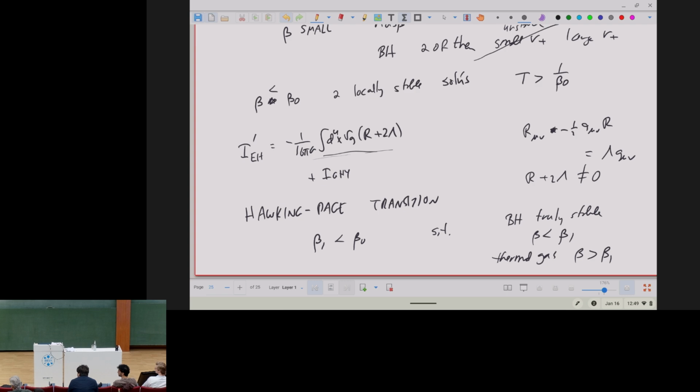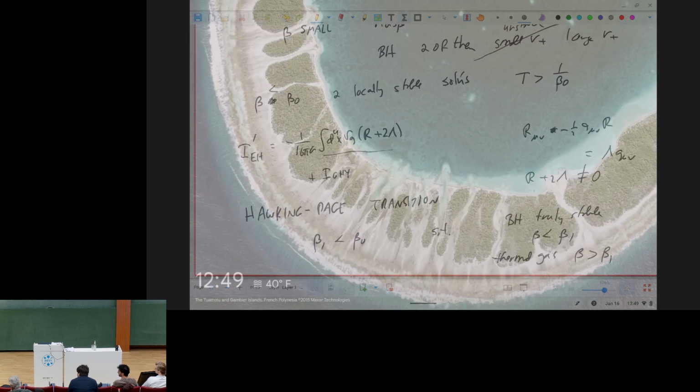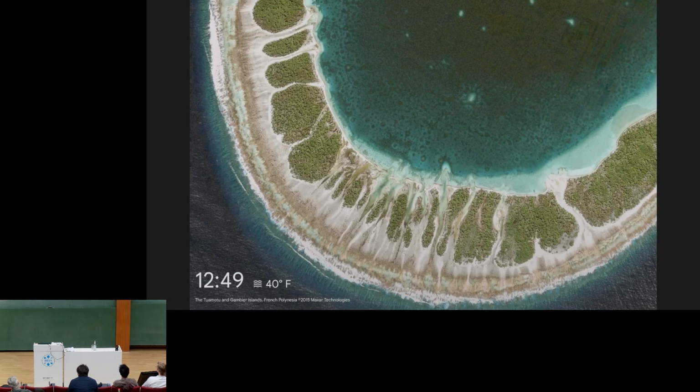If you wanted to simply make the metrics smooth, a stupid thing to do is to throw away the horizon. Then it's smooth for any beta, but what's wrong with it is it isn't complete. The horizon is a finite distance away, so if you throw it away, you have a metric that's not complete. If you want the metric to be complete, you have to keep the horizon, but then to make it smooth, beta has to have the correct value.